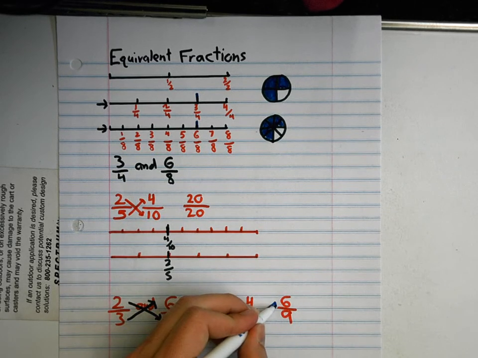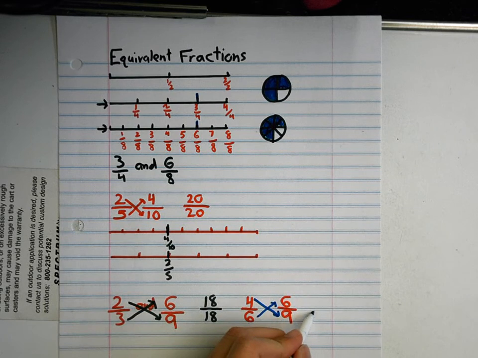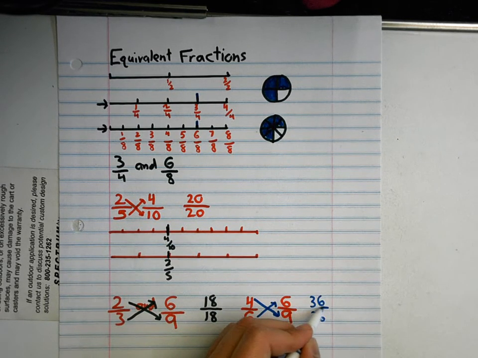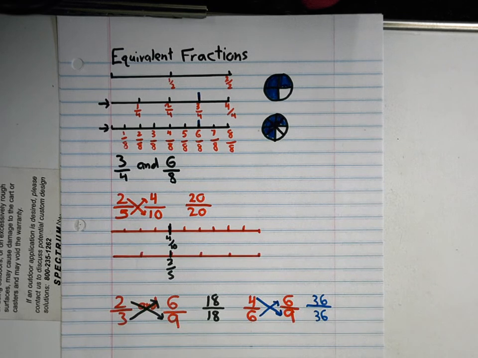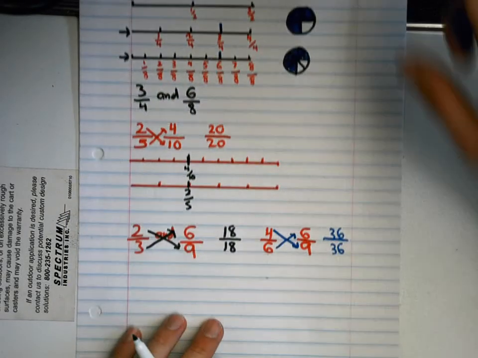I have to cross multiply. 9 times 4 is 36. 6 times 6 is 36. That's what I have. I want to do one more just to see.